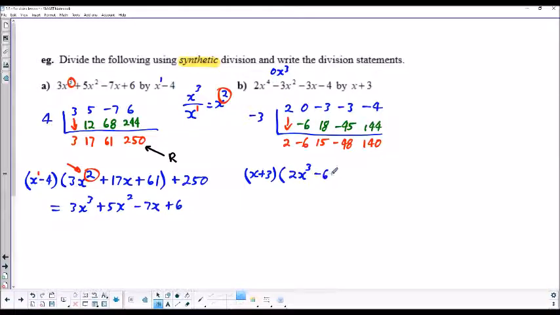And then negative 6, and then we just decrease in powers of x. Negative 6x squared plus 15x minus 48, that's the constant, plus the remainder of 140, and that's going to be equal to the dividend of 2x to the power of 4 minus 3x squared minus 3x minus 4.